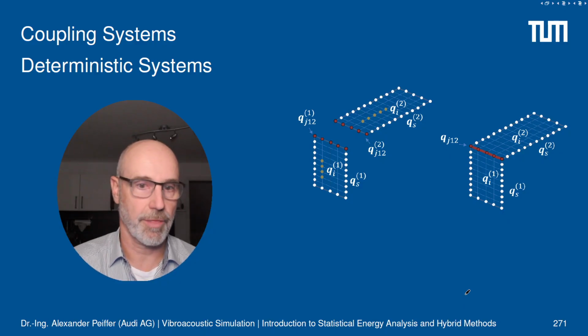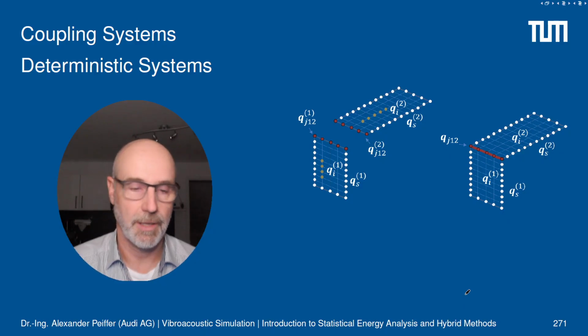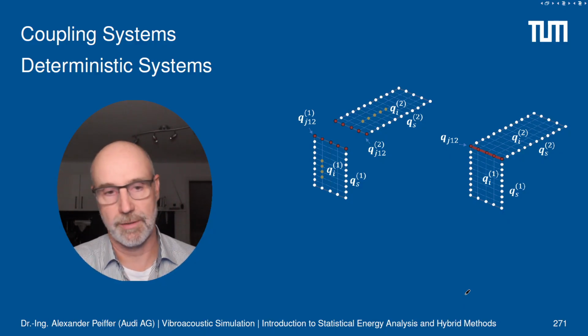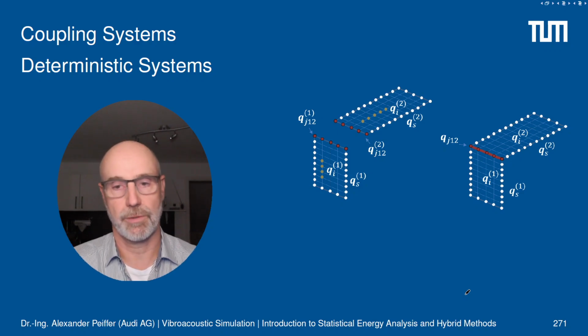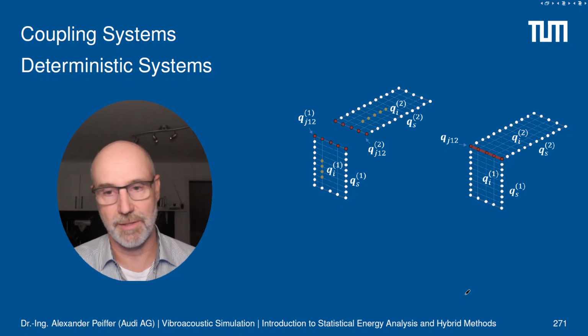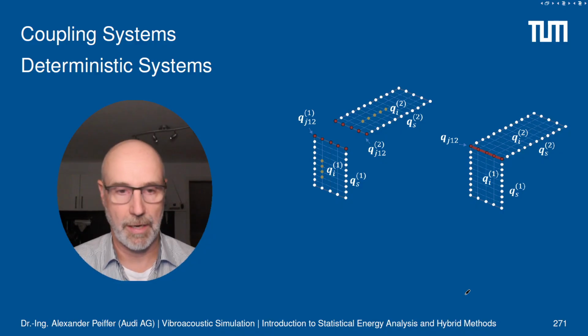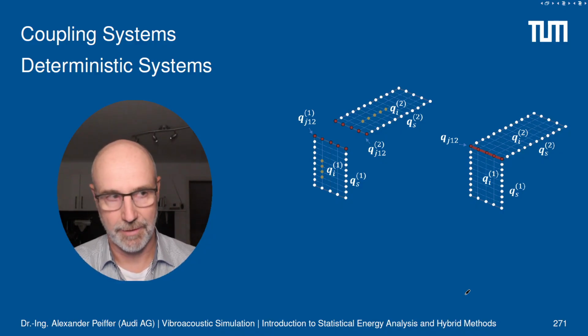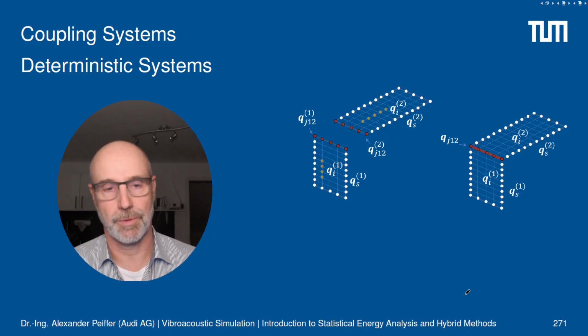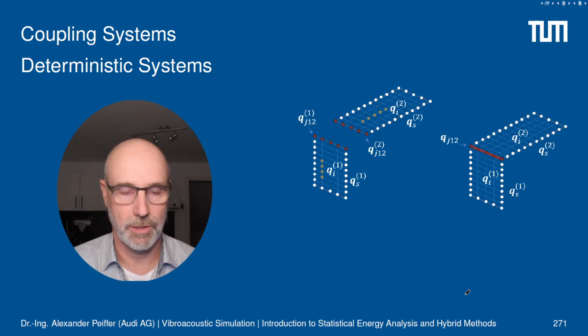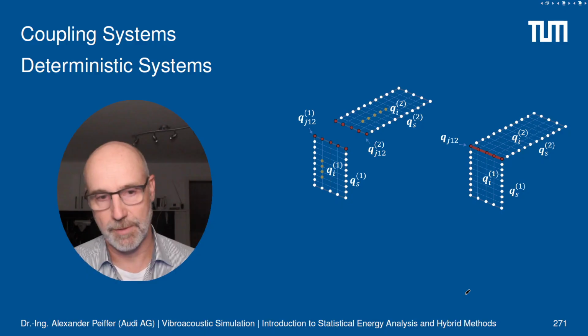We start with how to formulate the coupling, how deterministic, random, or deterministic and random subsystems are coupled. And this is the first step that we need to calculate coupling loss factors. So how we really get the data that we need to understand what is this eta 1,2 exchanging the energy between subsystem number 1 and subsystem 2.